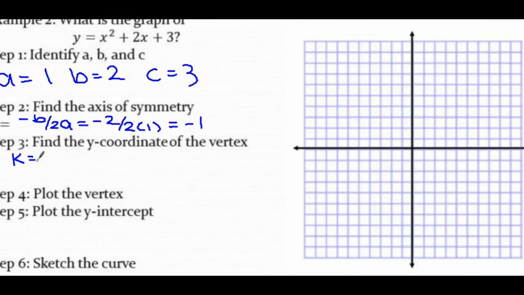Plug negative 1 into this equation. So you get negative 1 squared plus 2 times negative 1 plus 3. So negative 1 squared is always a positive. 2 times negative 1 is negative 2. So 1 minus 2 is negative 1. Negative 1 plus 3 is 2.